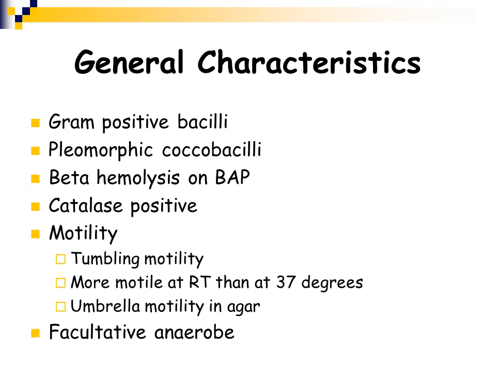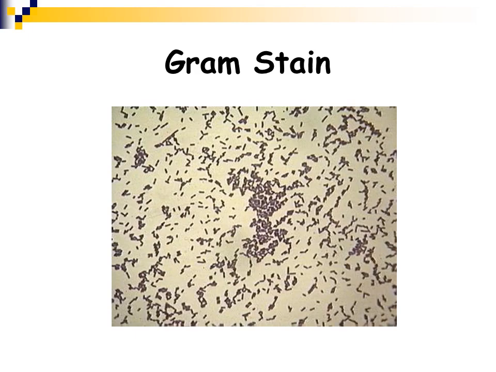It is the only clinically significant organism that I know of that demonstrates umbrella motility. This organism is a facultative anaerobe, so it will grow perfectly fine in ambient air. It'll grow in the CO2 incubator. It's not all that fussy.